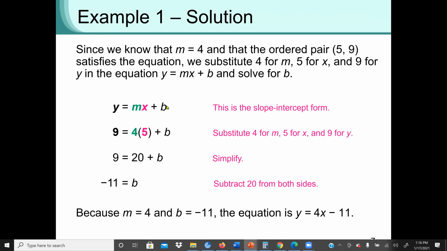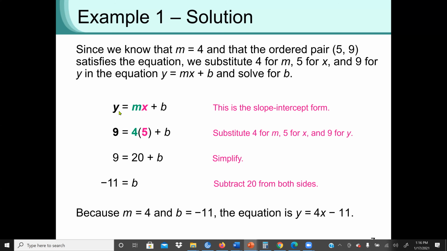So we just plug in the values, but again, we don't know the b. Remember, b means y-intercept, when x equals 0. Here we know when x is 5, y is 9. So (5, 9) is not the y-intercept. Y-intercept means x has to be 0.